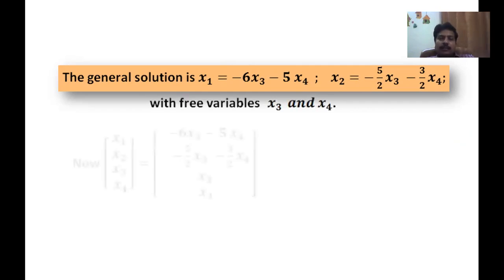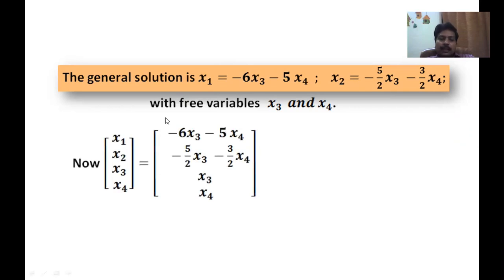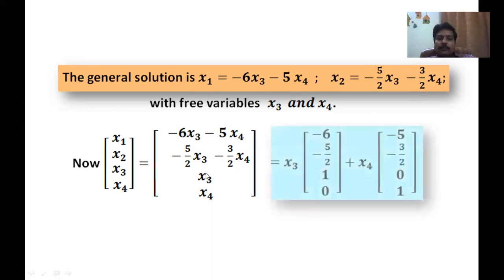These two are free variables. Now the vector x1, x2, x3, x4 has x1 as minus 6x3 minus 5x4, and x2 as minus 5 by 2 x3 minus 3 by 2 x4. This can be written as x3 times the vector (minus 6, minus 5 by 2, 1, 0), plus x4 times the vector (minus 5, minus 3 by 2, 0, 1).